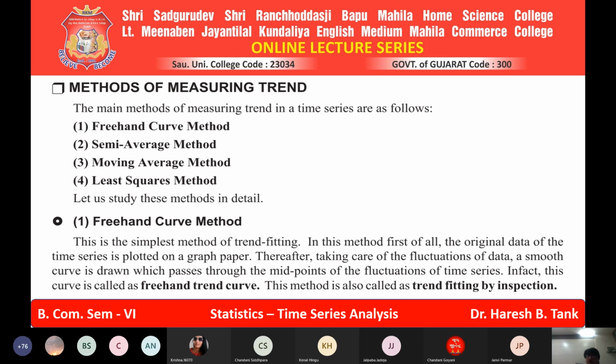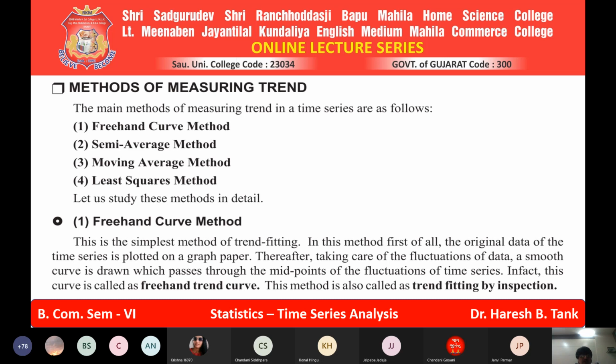On a graph paper, your x-axis is fixed to be time and the y-axis is fixed to be your observation. Observation means the other variable which is given to you. This is the simplest method. One should draw a graph if this graphical method is to be used.